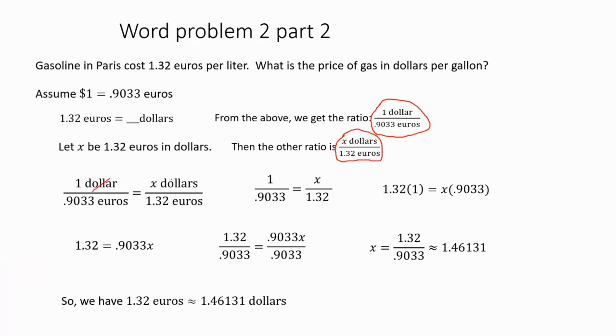But now, once we do that, we cancel, as you can see. And that's how we get this. So what's the next step? Cross multiply.